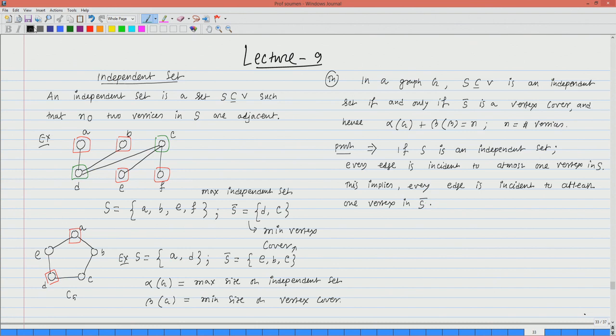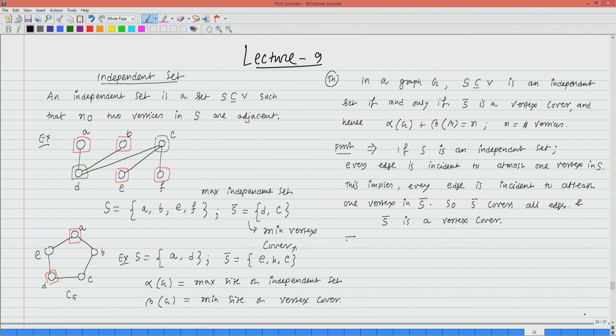So, you can write that S complement covers all edges and S complement is a vertex cover, right.